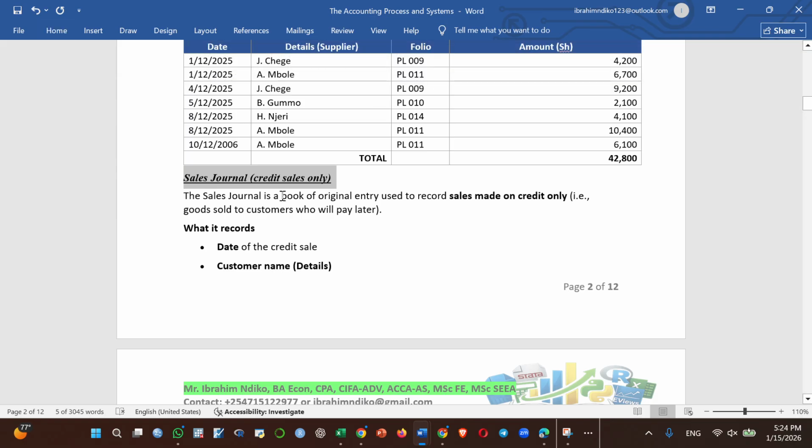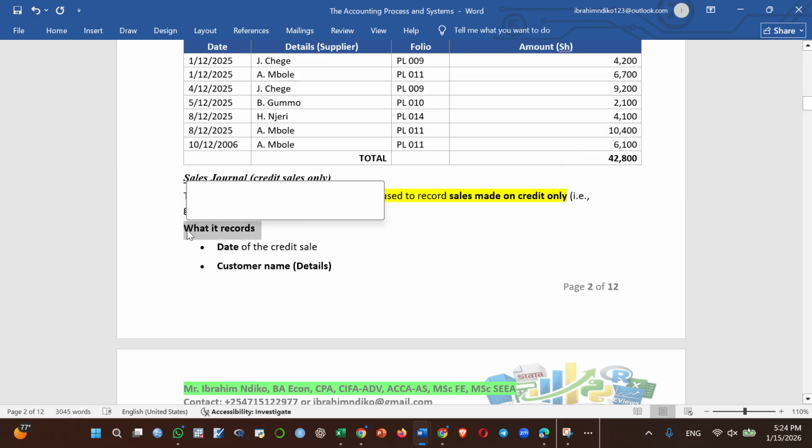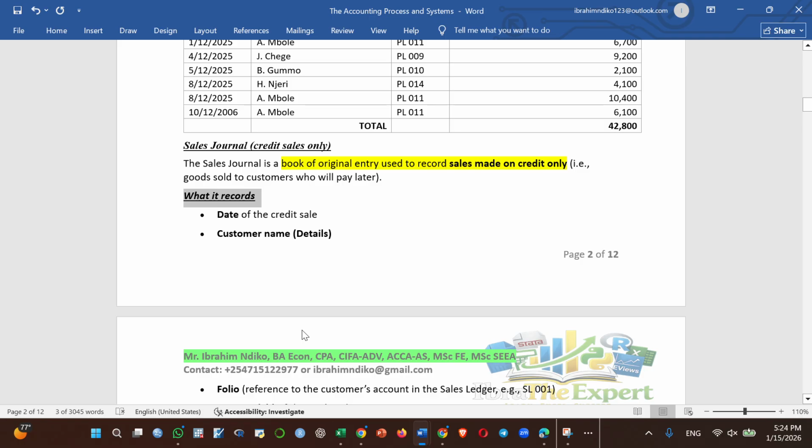The sales journal is a book of original entry that is used to record only the sales that were made on credit. That is important. So it is there to help us record all the sales that were made on credit.